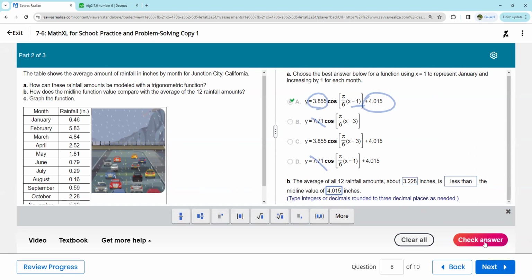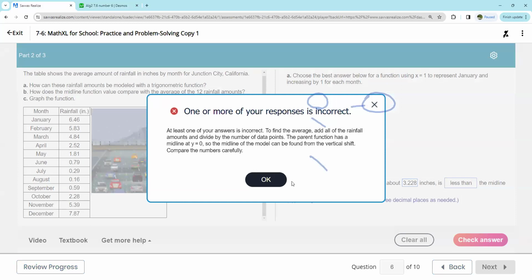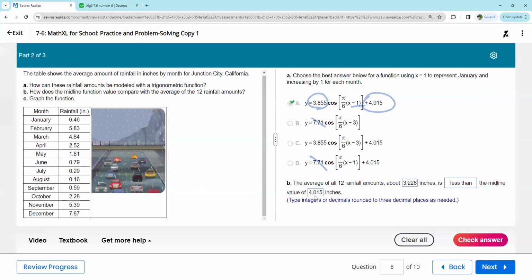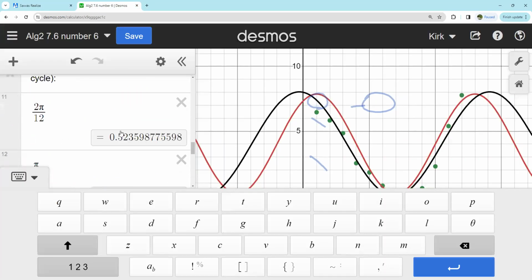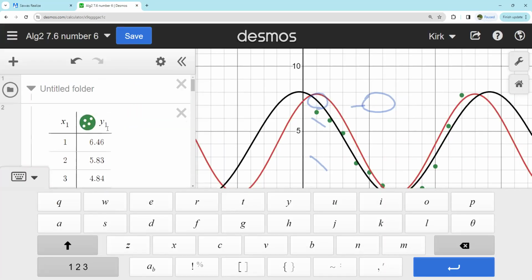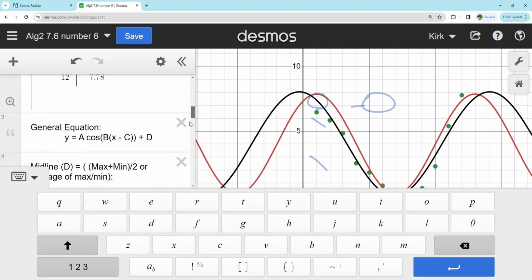All right, let's check that. Something it doesn't like. Let's see again. The average of the 12 rainfall amounts, about average and my Y. My Y were my rainfall, Y1, that's the column heading.